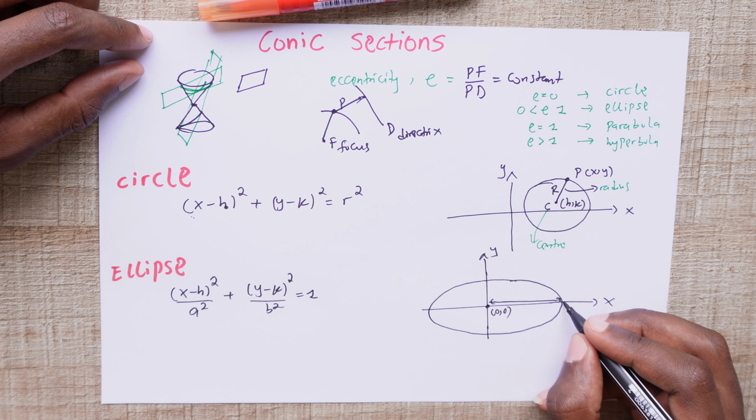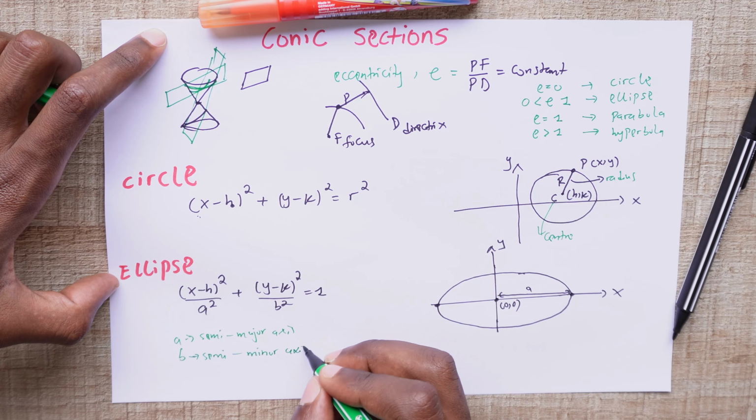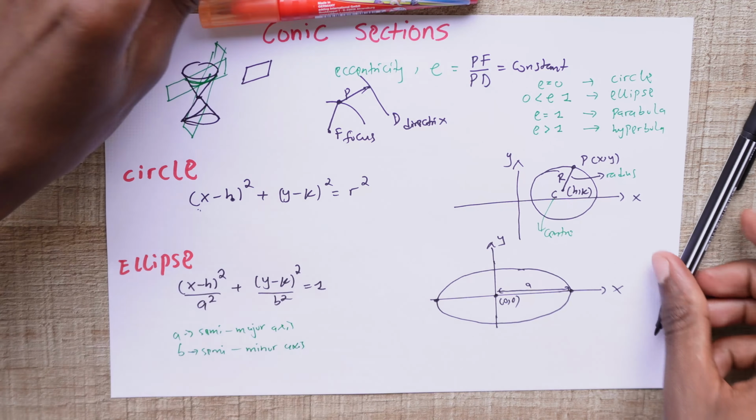So these are known as the vertices. So this is A, and it's known as the semi-major axis. And B is the semi-minor axis, which is the distance from the center to the second axis of the ellipse. So this is B.